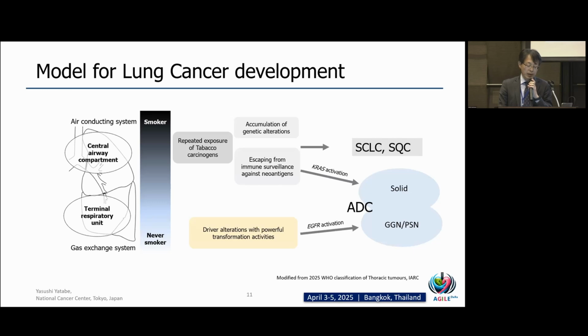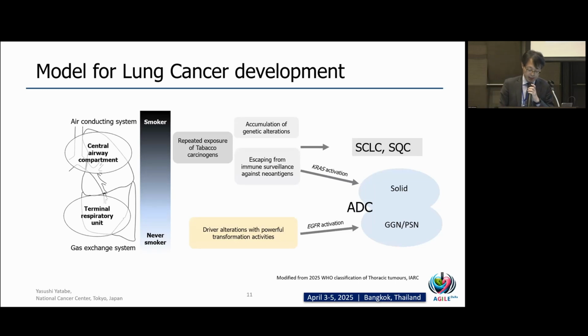The central airway compartment is more susceptible to smoking and repeated exposure to tobacco carcinogens, which causes accumulation of genetic alterations as well as escape from immune surveillance against neoantigens. So small cell lung cancer, squamous cell carcinoma, and some solid tumors probably have this kind of cancer development.